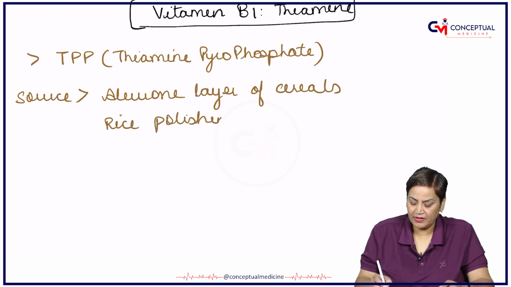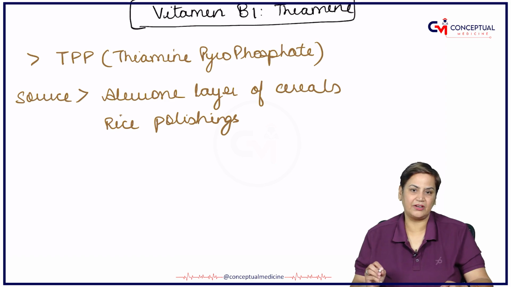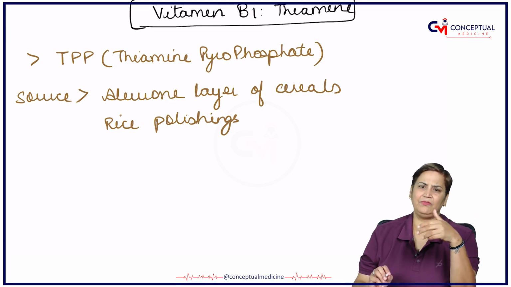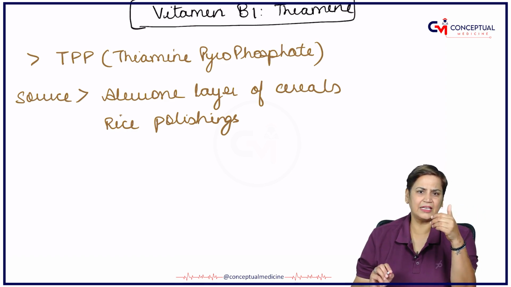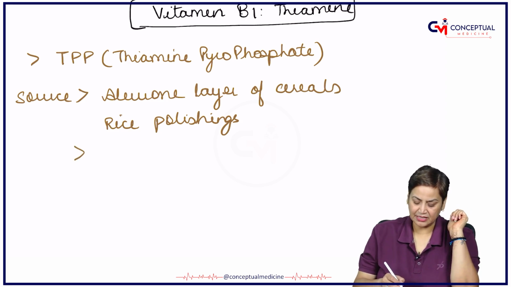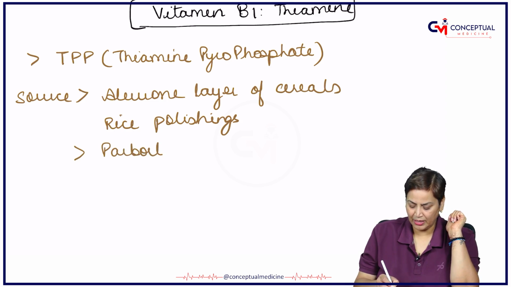That is why we always say that unpolished rice is the best one to eat. When rice undergoes so many processes, that polishing, that aleuron layer is lost. Sometimes it is advised that parboiled rice is also good to eat.